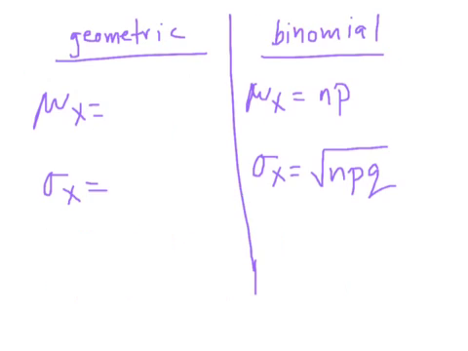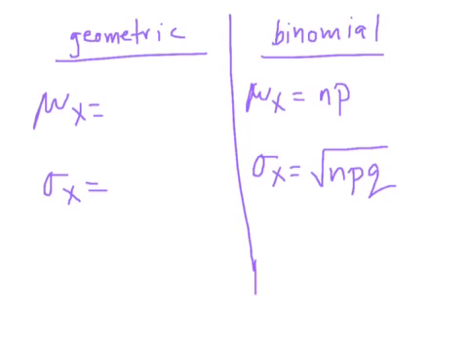Okay, just wrapping this up, I want to compare a little bit geometric variables and binomial variables. Remember, we had a formula for the mean of x for binomial variables, which was n times p, and standard deviation of x, which was square root of npq. We want to do a similar thing now for geometric variables, so mu of x. Now, what would that even mean?